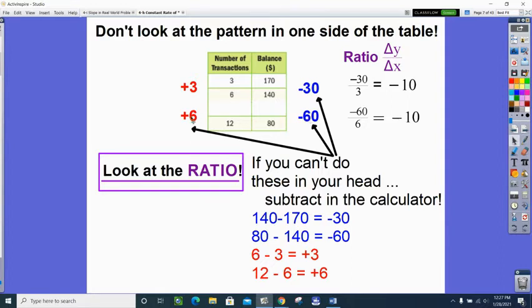And 12 minus 6 is 6, and I'm still getting a negative 10, and this would still be linear because the rate of change, oh, by the way, slope, remained the same. If you can't do those in your head, use your calculator to calculate the numbers that I'm showing here. And you have to look at the ratio, not just what the numbers are doing on either side.